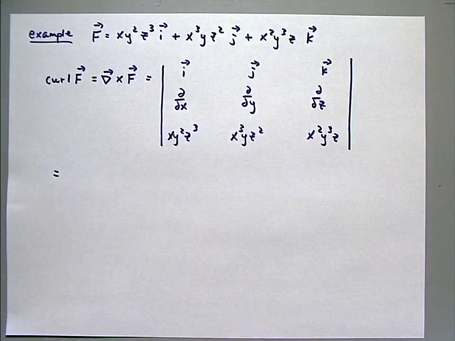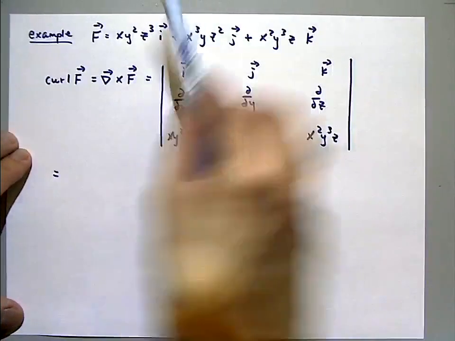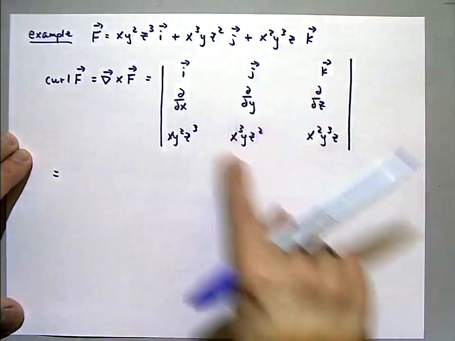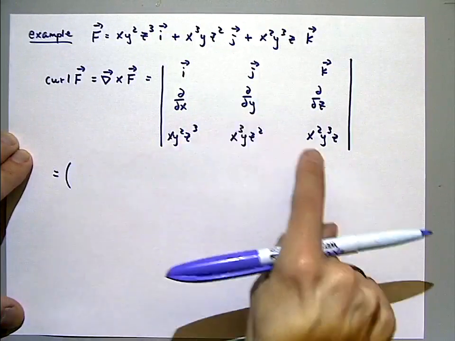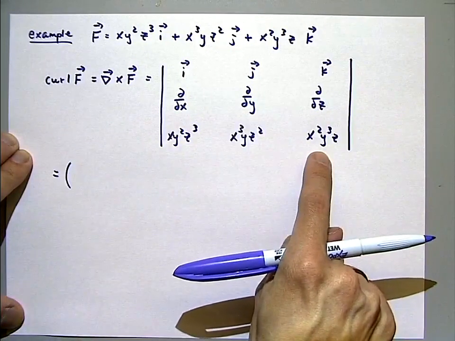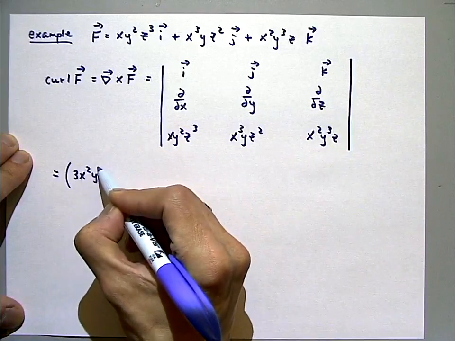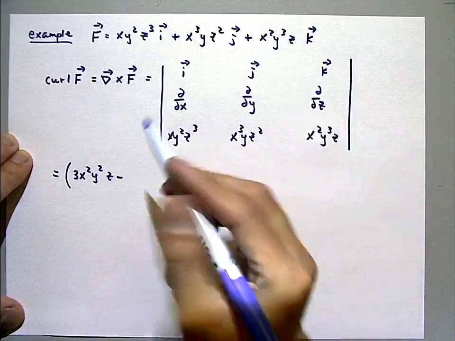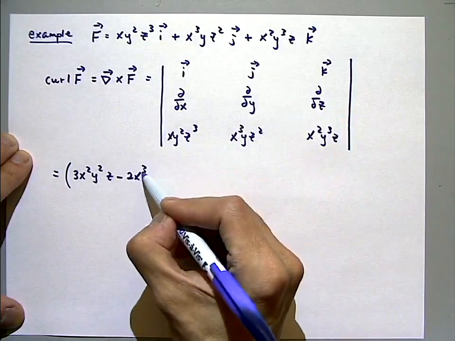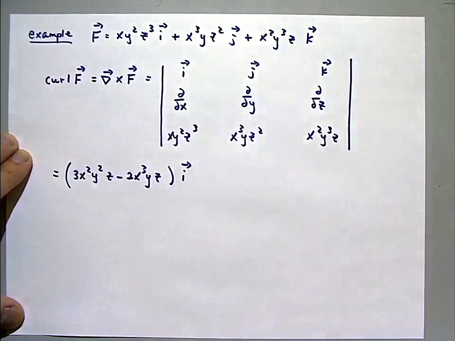And now we do our cross product. Let's see, the i component, you cover up the first row and first column, find the determinant of this. So we get 3x squared y squared z minus 2x cubed yz, and this goes in the i component.